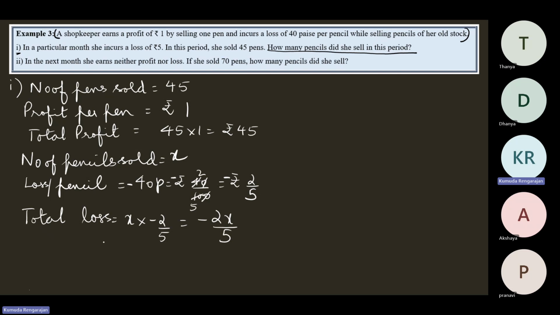Which is greater? The loss is greater than the profit, right? Because by selling pens, she makes a profit. By selling the pencils, she makes a loss. And it's a total loss. On the whole, it is a loss of 5 rupees.